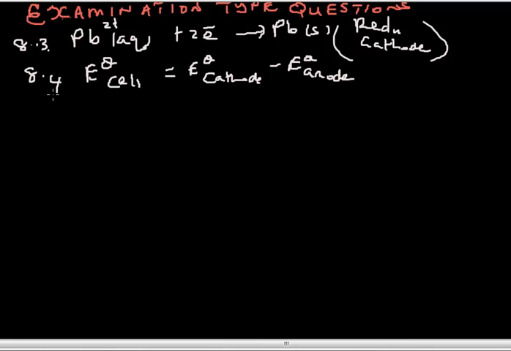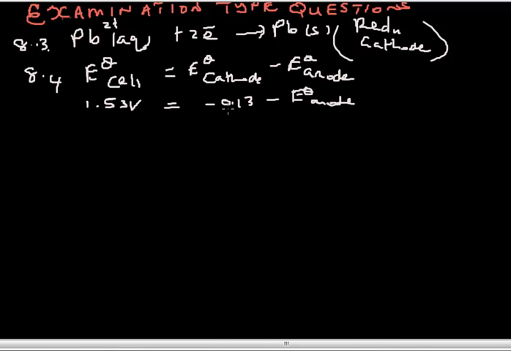We are given that the cell potential is 1.53 volts, and the electrode potential of the cathode, straight from the standard reduction potentials, is minus 0.13 volts. Now we want to subtract the electrode potential of our anode, which is X.